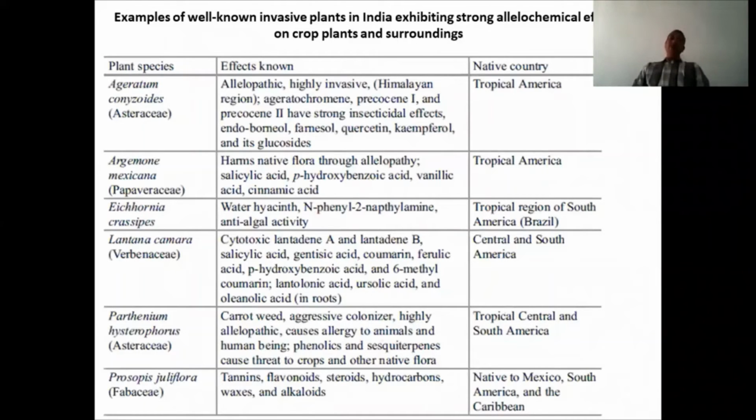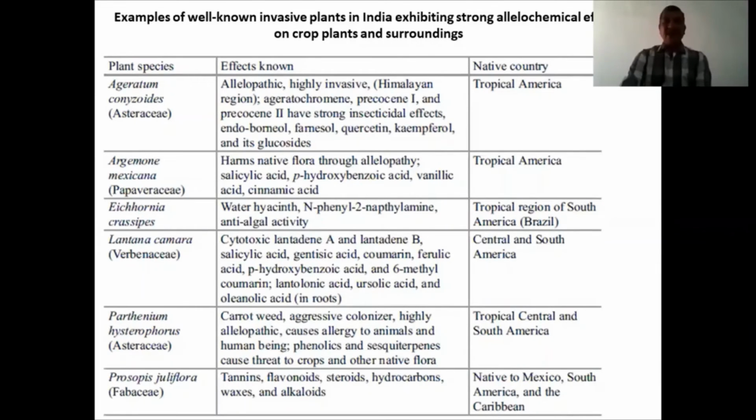One of the important members is Ageratum species from Asteraceae, which is highly allelopathic, and Argemone, which harms the flora through allelopathy, and then Eichhornia, Lantana, Parthenium, and Prosopis. So these are plants which are native to different countries, and they have a strong allelochemical effect, an allelopathic effect on the crop plants.